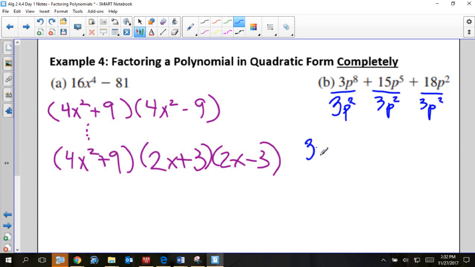So I factor out 3p squared, and I get p to the 6th plus 5p to the 3rd plus 6. What do I have there? How many terms? 3, so it's a trinomial.